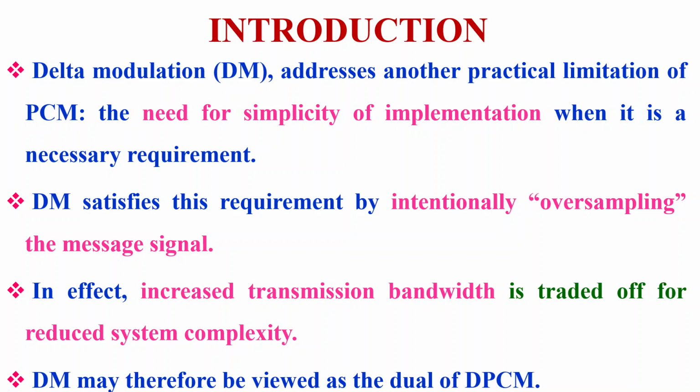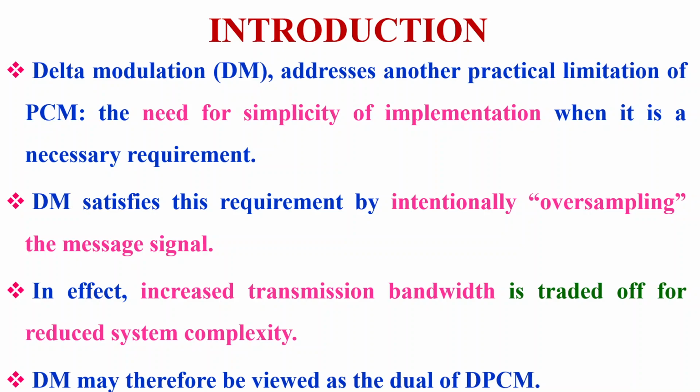Delta modulation therefore can be viewed as the dual mode of differential pulse code modulation. It looks like a dual of differential pulse code modulation. In PCM we will quantize and send the sample itself, so it looks like conversion from analog to digital.